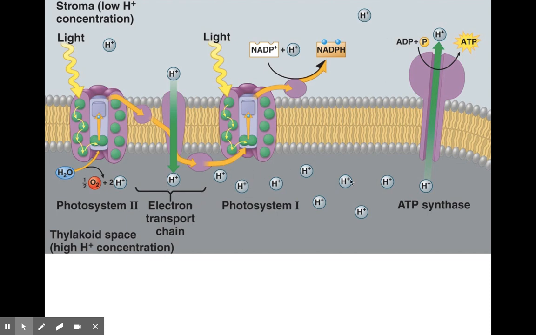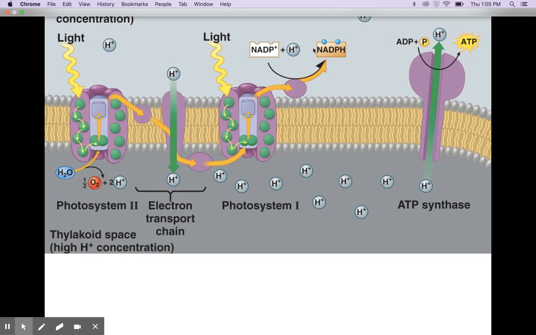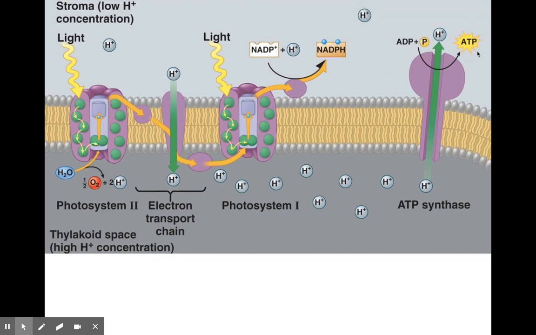So this higher concentration gradient of protons are going to now pass through ATP synthase, a special protein. And as it does, it makes it spin. It takes an ADP molecule and a phosphate and attaches it, creating ATP. And so in the end, we have waste product of oxygen and we have the product of NADPH and ATP in the stroma, ready to go on to the Calvin cycle.